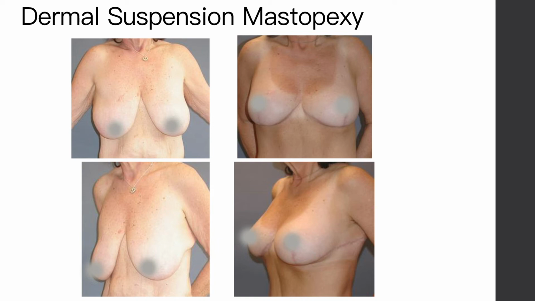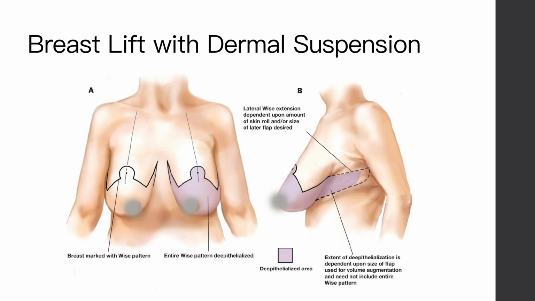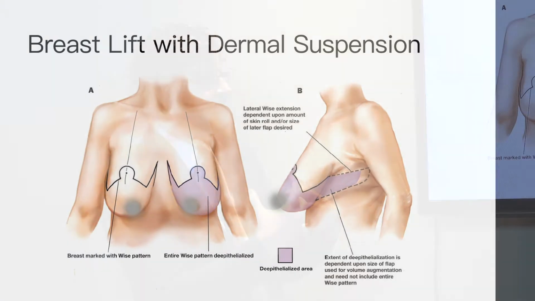So what I do is I use this skin excess out laterally and the excess medially, and I re-drape that into a breast mound. So essentially I make an implant out of your body's own tissue. And then I resuspend that up superiorly so that it holds the nipple in a more superior position and brings the breast mound up.